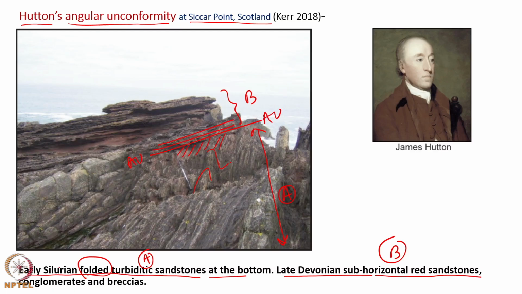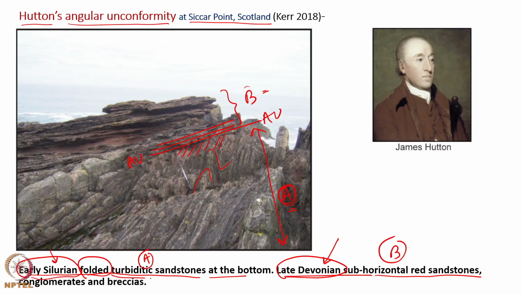There is also an age gap: early Silurian which is at A and late Devonian which is in B. When we study the geological time scale, we will be explaining the terms Devonian and Silurian. For the time being, just remember that here A is the older rock and B is the younger rock.